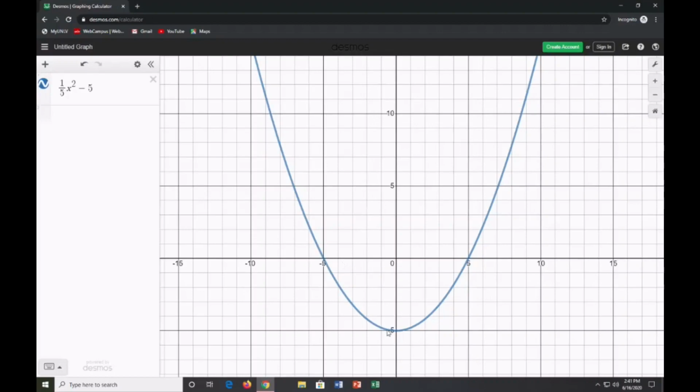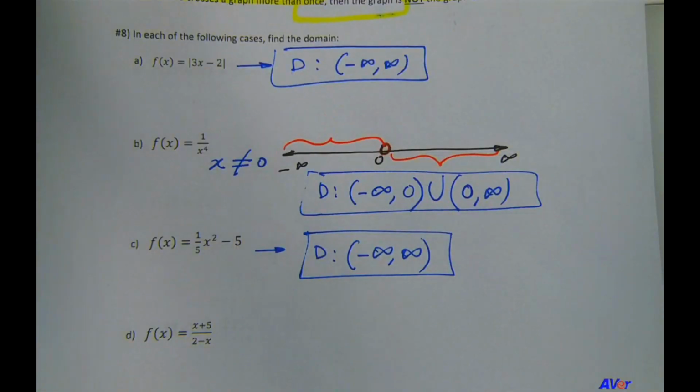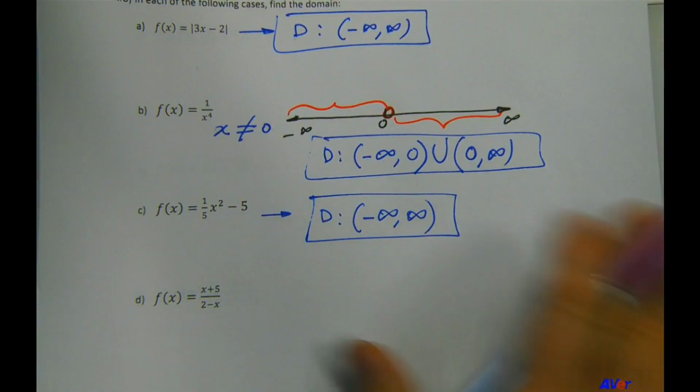So with respect to the x-axis, it can attain all possible x values. Therefore, the domain of the quadratic function is negative infinity to infinity. So let's go back to the dot camera. This just gave us a visual sense of what we've been talking about in terms of these numbers.